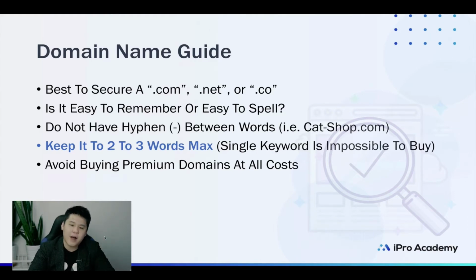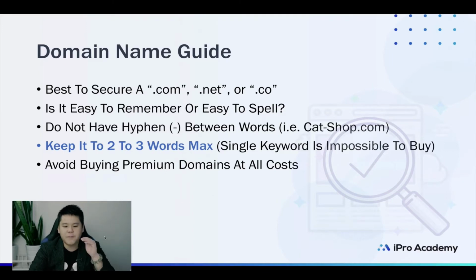And you also have to remember, is it easy to remember or to spell out? Very important point. And do not use hyphens between words. So for example, if you're creating a cat shop, don't have that hyphen right in the middle. Having the hyphen, people will not remember your exact web address, which is your domain.